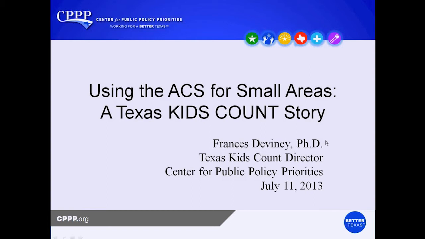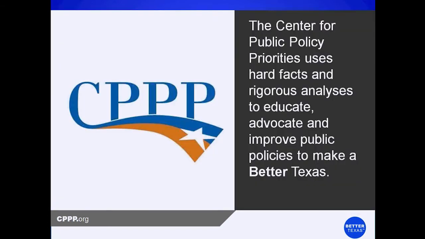As Mark and Laura both said, the Center for Public Policy Priorities is the grantee for Texas for the state Kids Count project. And so we've had the Kids Count project since 1993, and as the Kids Count project nationally is an important part of what Annie E. Casey is trying to achieve with children in families nationally, we are trying to do here in Texas.